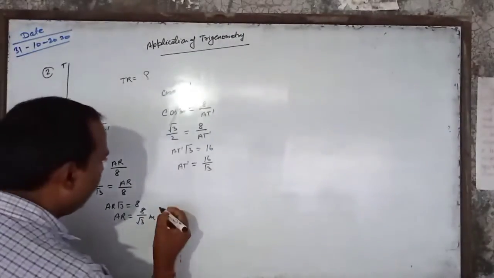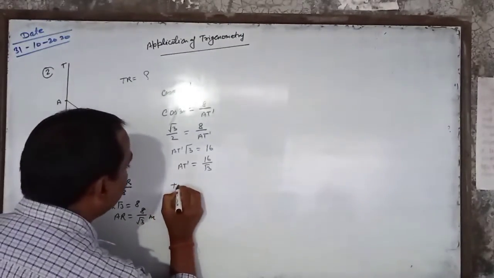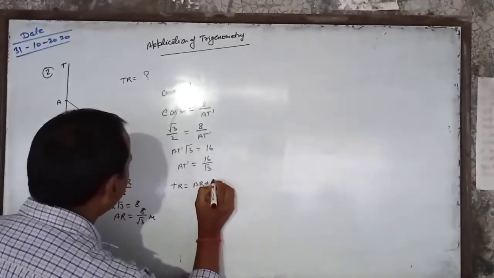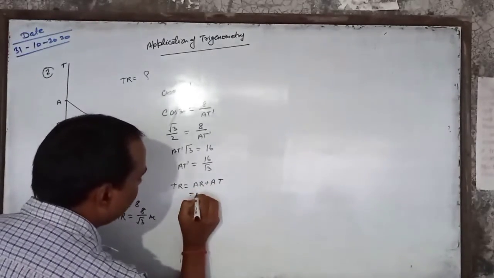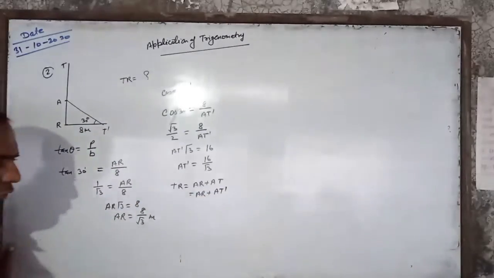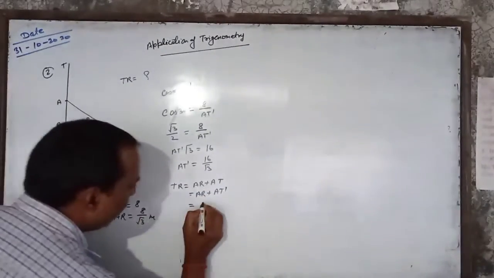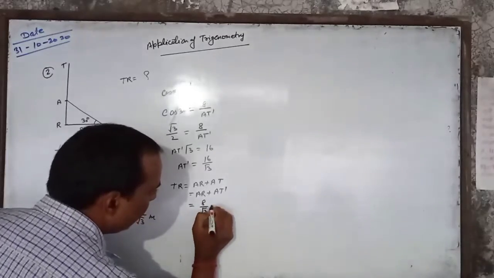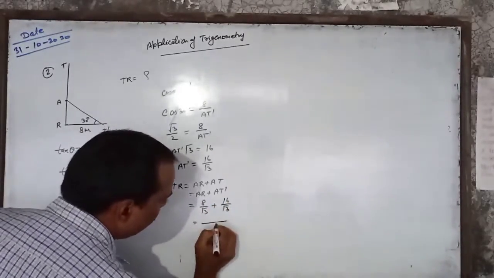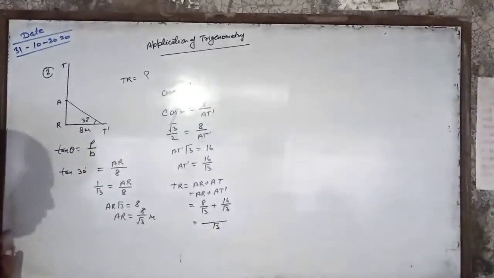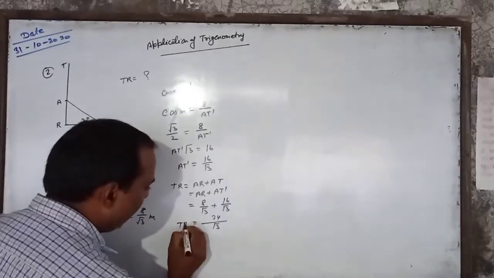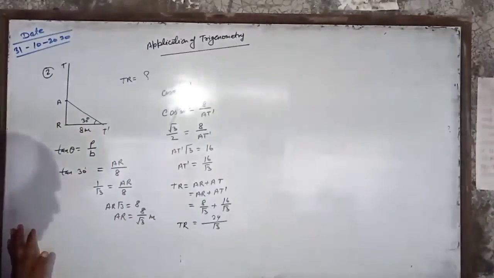So again, here we have to find TR, which is the sum of AR plus AT, and here AR and AT equal to AA dash. So AR is 8 by root 3, AA dash is 16 by root 3. So the denominators are the same, root 3, 8 and 16, 24. TR is 24 by root 3.